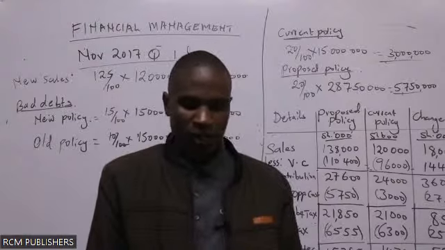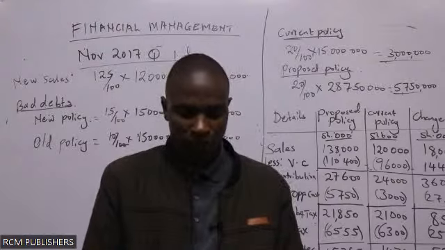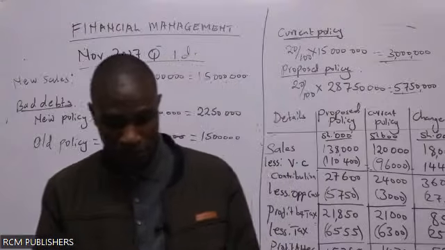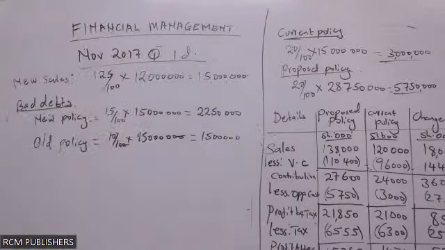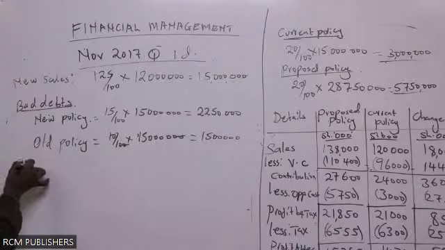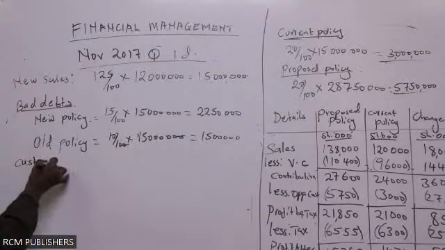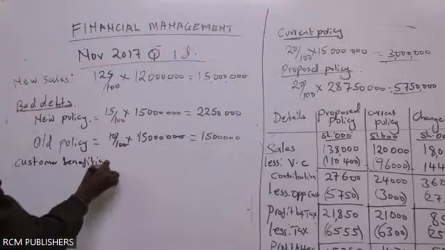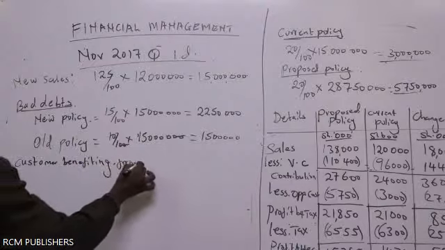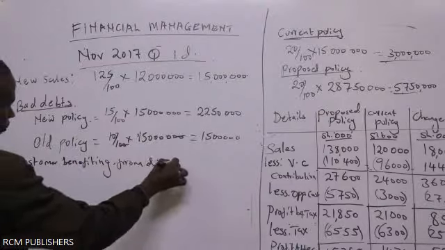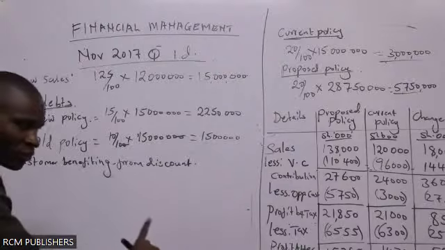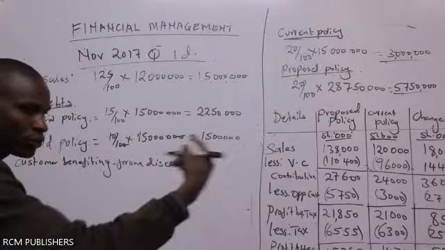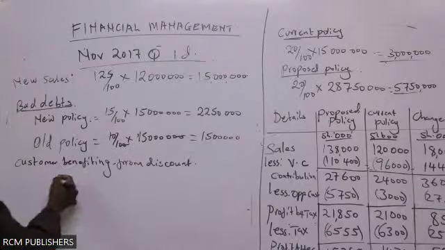Okay. Therefore, let's check. The customers who will benefit from a discount offer in a change from 30 to 3/10 net 60. How many customers will they be? 60/100.